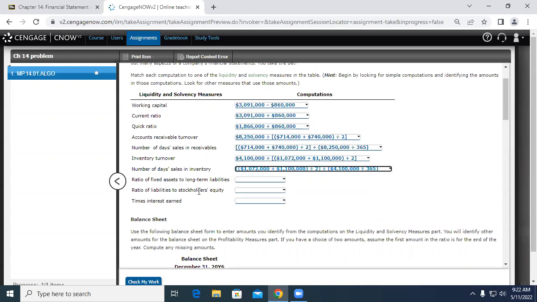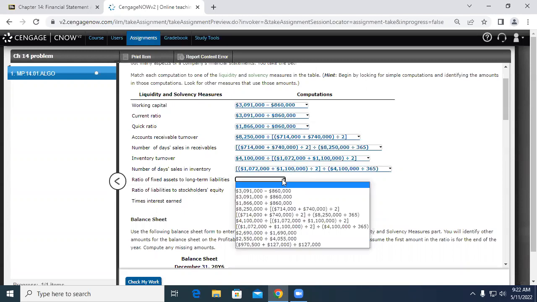Ratio of fixed assets to long-term liabilities and ratio of liabilities to stockholders' equity. So we have used up most of our formulas at this point. We have, looks like these three bottom ones left. So fixed assets to long-term liabilities.